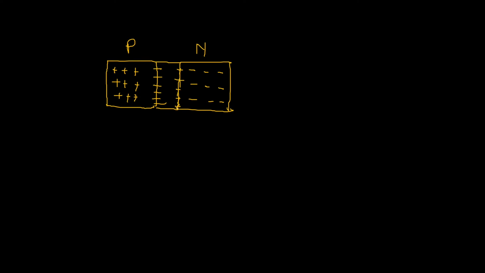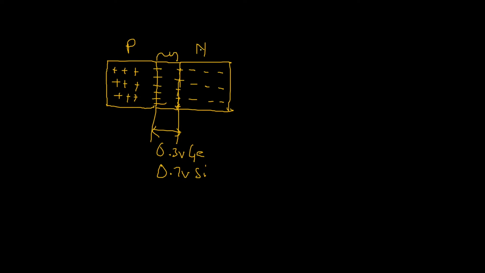Because of that you are going to have this depletion layer, this potential barrier, which can be your 0.3 volt for germanium and 0.7 volt for silicon. Now in this case, this potential barrier, this depletion region, is not allowing your majority charge carriers to cross over.